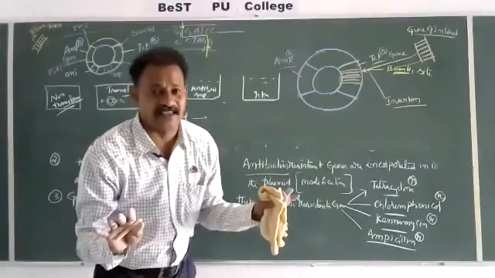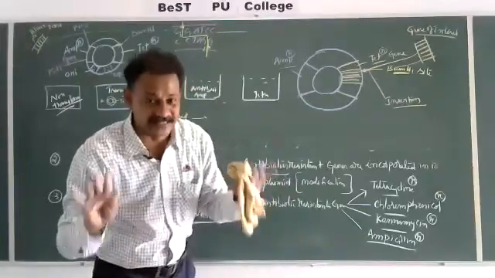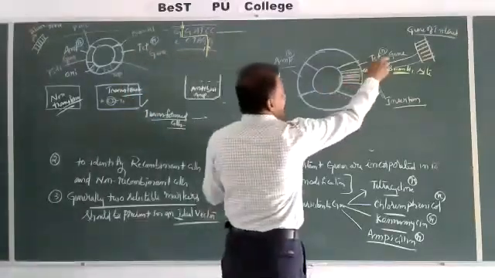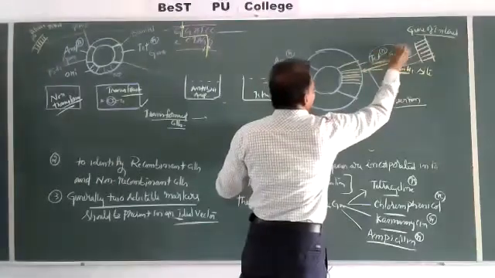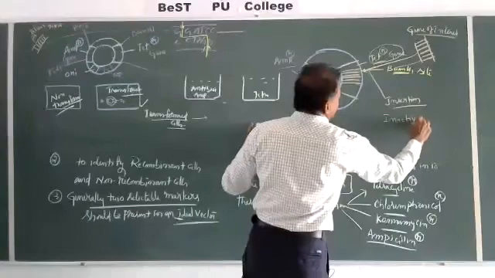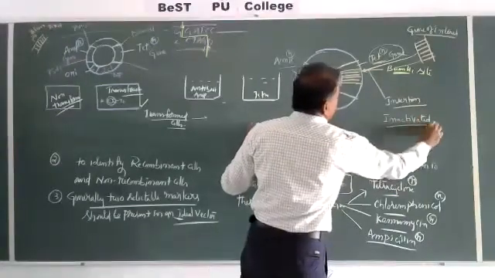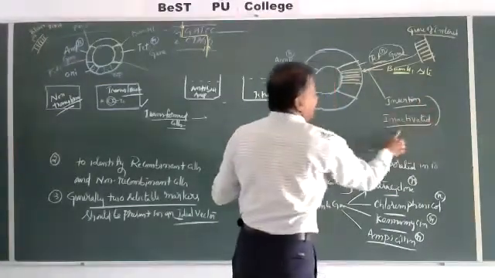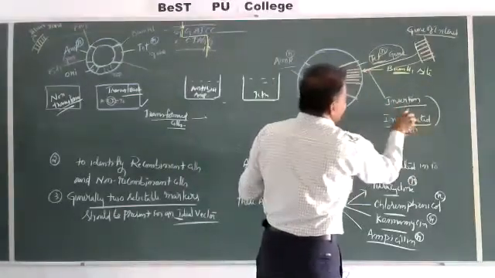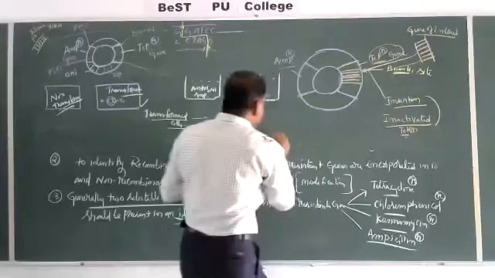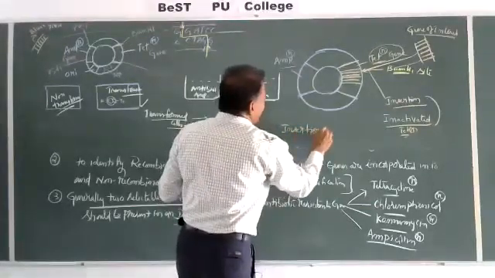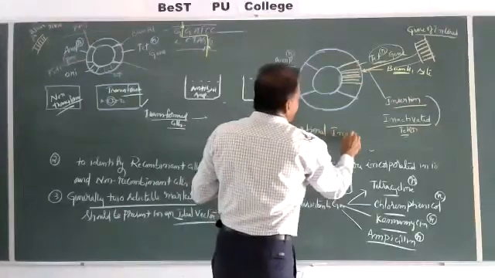It stops working and stops expressing. The process of inactivation of the tetracycline gene by the insertion of a foreign gene is called insertional inactivation.